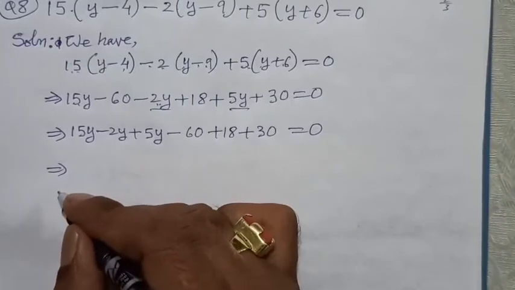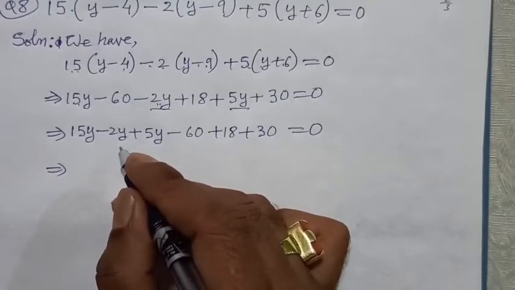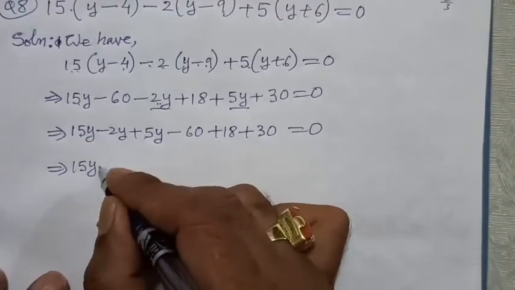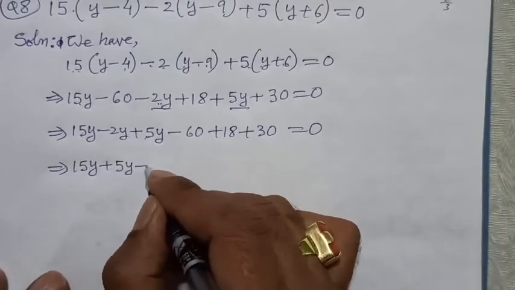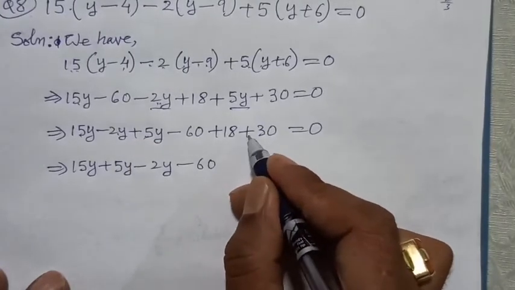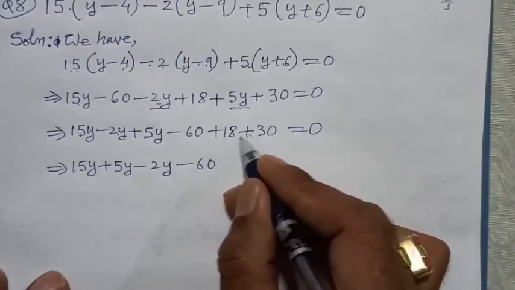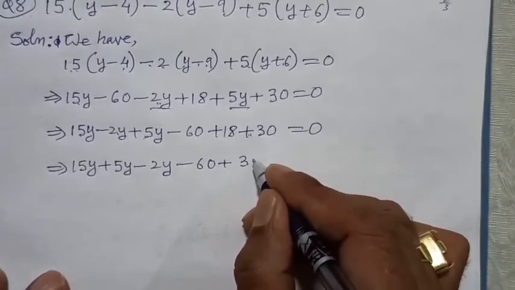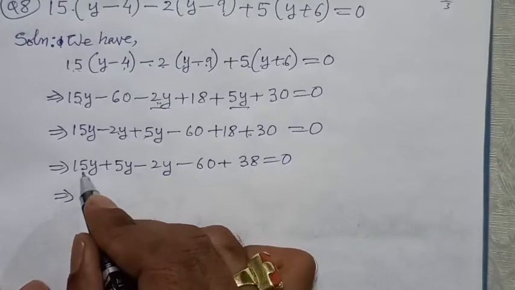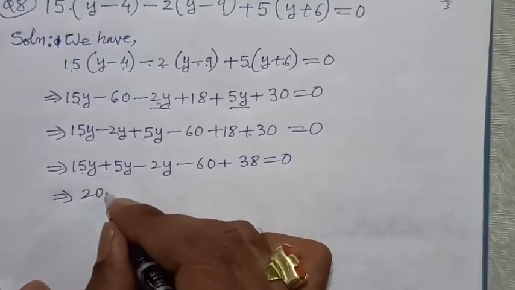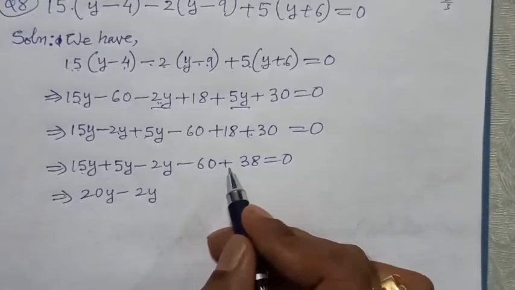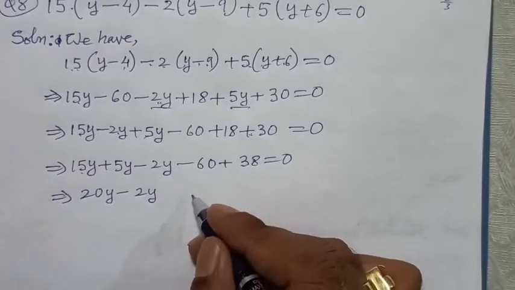This implies that. Now first, let us add together. 15y, let us add together with 5y, then minus 2y, minus 60, plus 18 and plus 30, the signs are same, so let us add together, then we are getting 38 is equal to 0. 15y plus 5y, if we add together 20y, minus 2y, minus 60 plus 38, the signs are different, let us subtract.